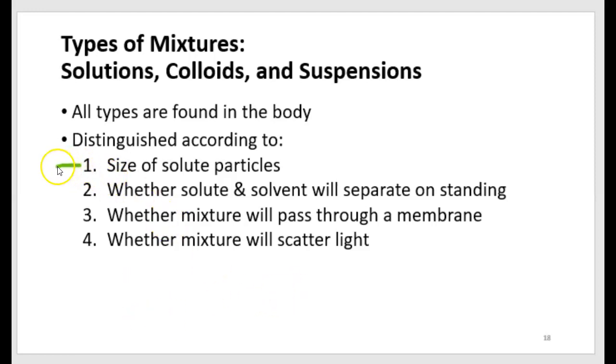How big are the solutes? So the size of the solutes. Whether or not the mixture, when left standing, will separate so that the solute and the solvent become separate and noticeably visible.